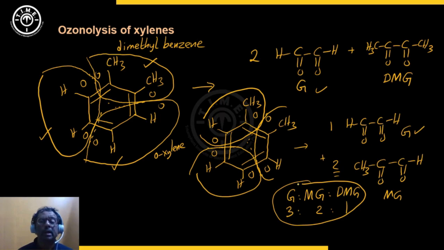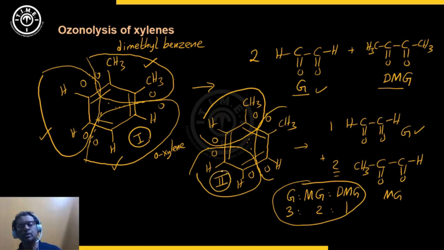Now, it also provides us one basic thing that we had covered in resonance, that one single structure cannot explain all the results. So this was structure number 1 that we took. It gave only glyoxal and dimethyl glyoxal as the products. But then we also found methyl glyoxal, which can be found only by using the second structure too.